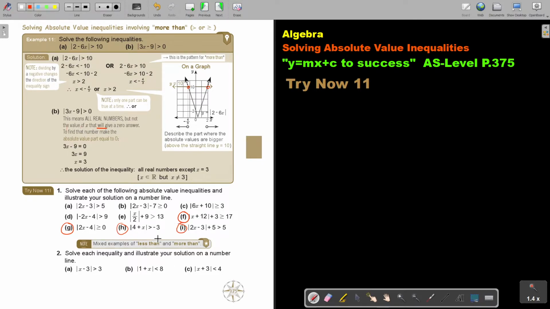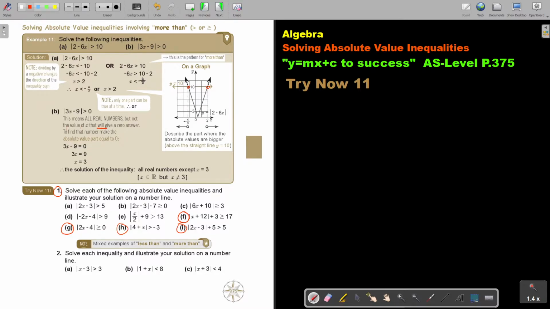Again, I want you to stop the video, and as soon as you are finished, you can continue the video. After you've done, remember to try 2, where we play around with bigger and smaller. You have to concentrate, especially with that opening statement.